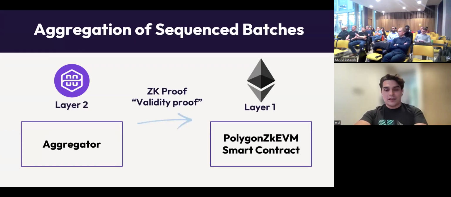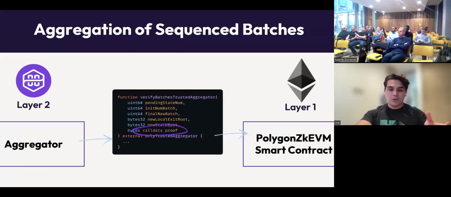It sends it back to the layer 1, to this Polygon zkEVM smart contract, and this proof is stored in the smart contract. As you can see here, this is a function that is called in the layer 1 smart contract, and the call data for this function is the proof. That's a proof that we got from the zk prover that validates all of the transactions that we're sending from layer 2 to layer 1.